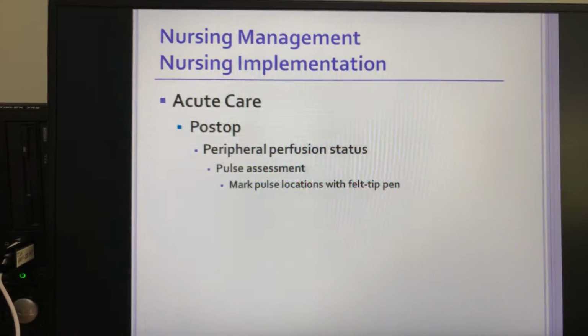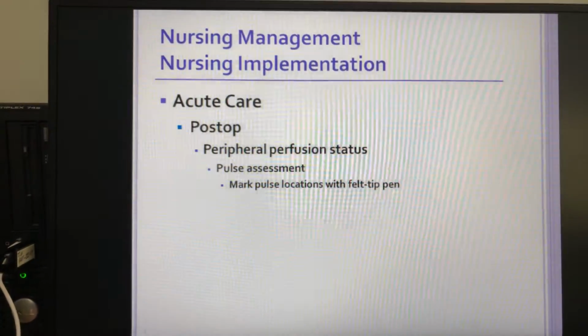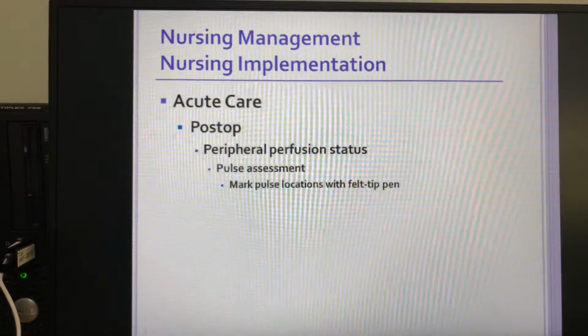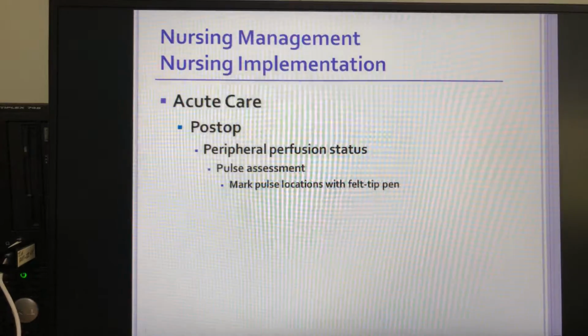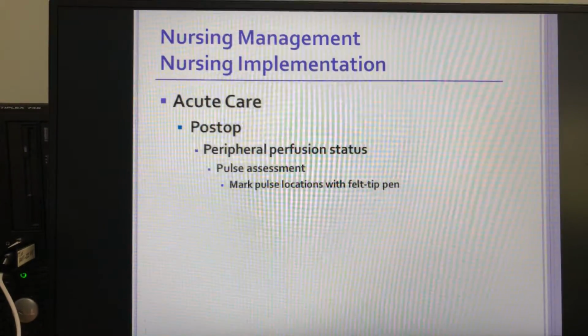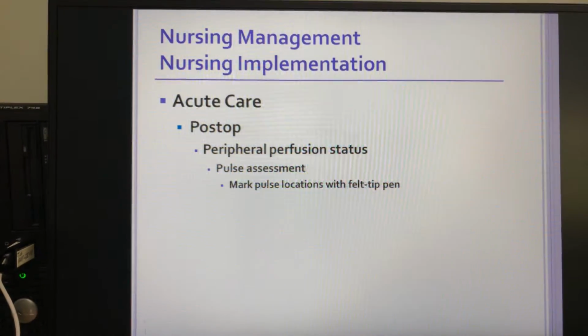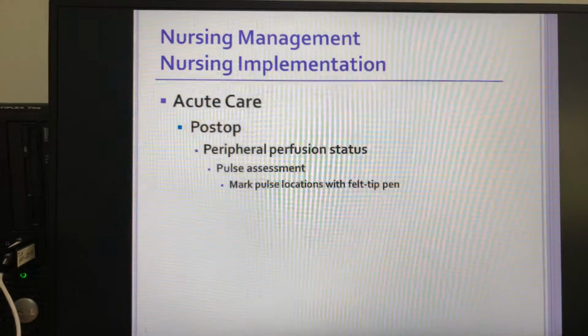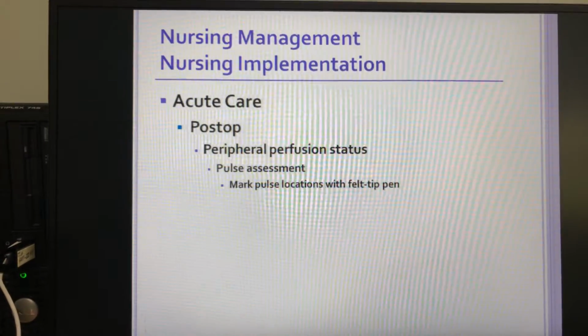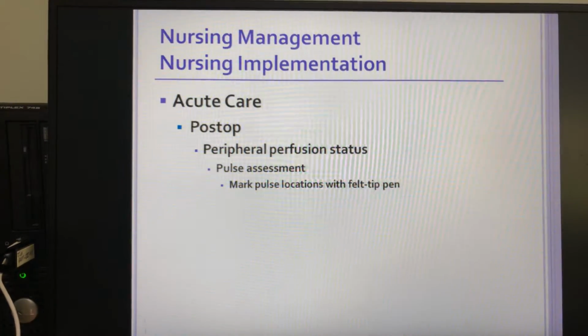But anyway, as far as peripheral perfusion status, we always want to assess the pulses, and mark the location of those pulses with a felt tip pen, or we use those little black markers. You should check and record all the peripheral pulses hourly for several hours and then routinely, and all this is based on your institutional policy.